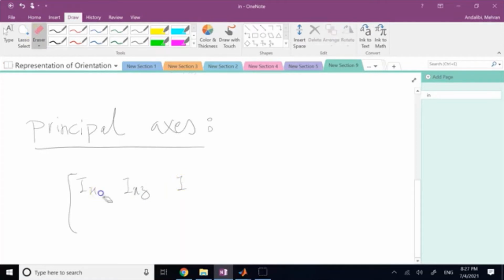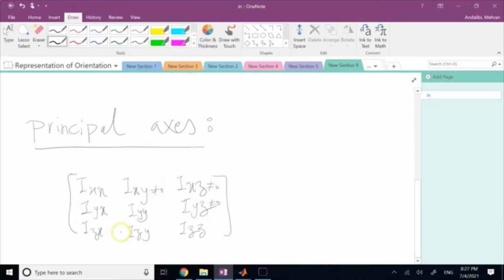I guess I made a mistake here. So you had your I matrix, which you calculated with respect to one set of frames. And then these product terms were not in general zero. Correct? So these guys are not zero.